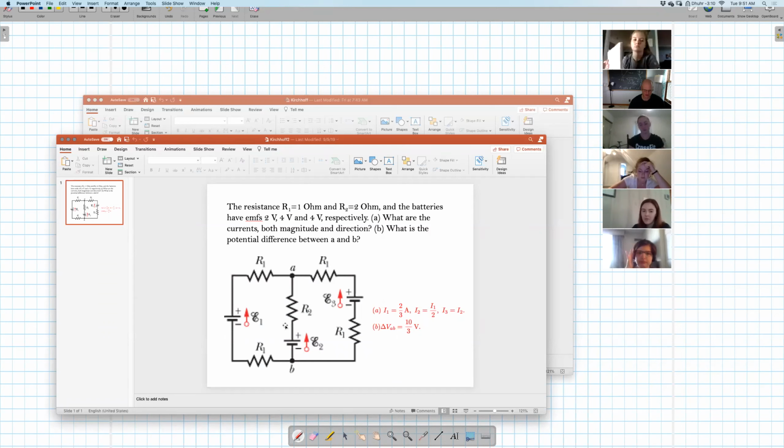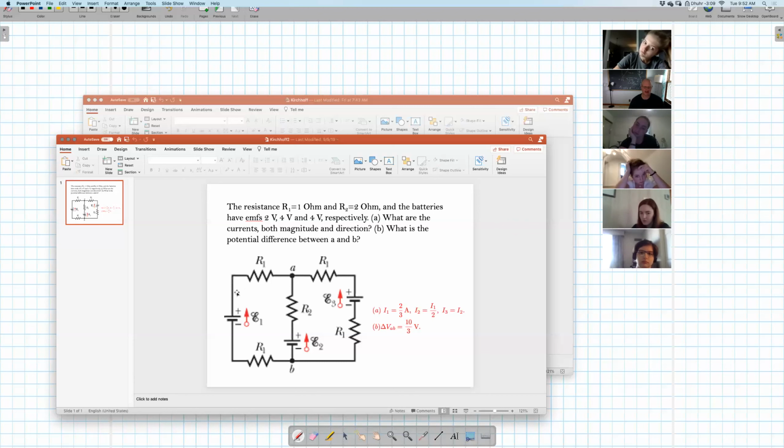R2, which is this one in the center, now has 2 ohms, interconnected to E1 which is 2 volts, E2 which is 4 volts, and E3 which is also 4 volts. So this is 2, 4, and 4. And it wants to know what the currents are, both magnitude and direction. Here I didn't give you the directions, but at least I gave you the magnitudes. The direction just means: is this one going in this direction, this one, and this one.